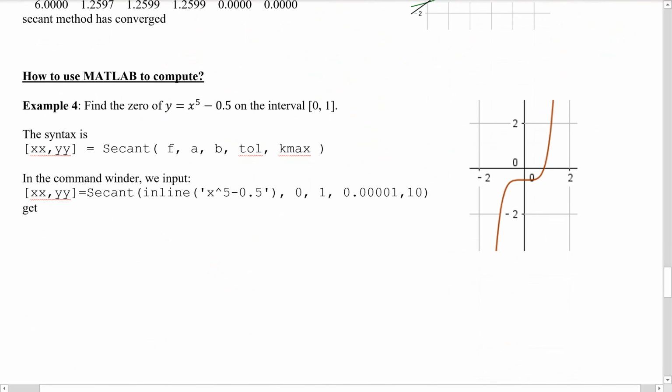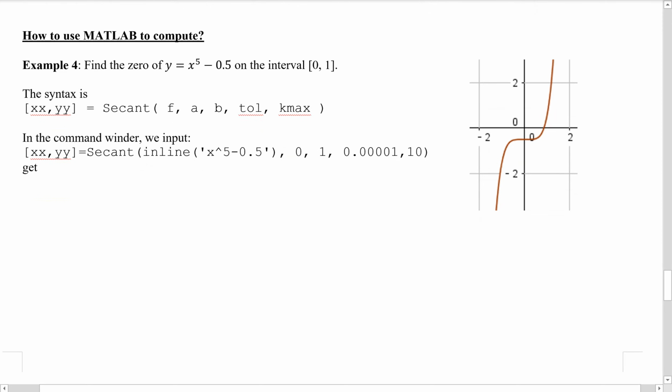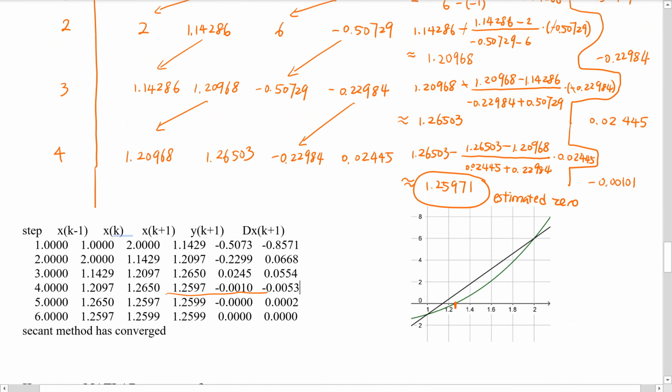Okay, how do we use MATLAB to compute? So here, the syntax is bracket xx, yy equals secant, then we also input the function, the a and b of the interval, the tolerance, and the kmax, the maximum number of iterations. Okay, so let's look at this example. Let's compute our in-class example first.